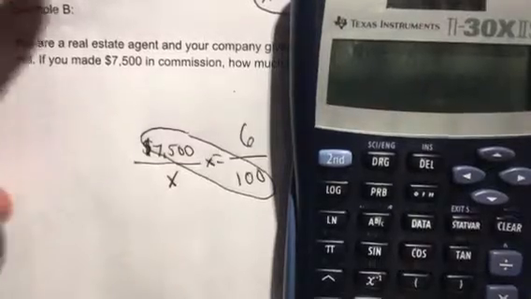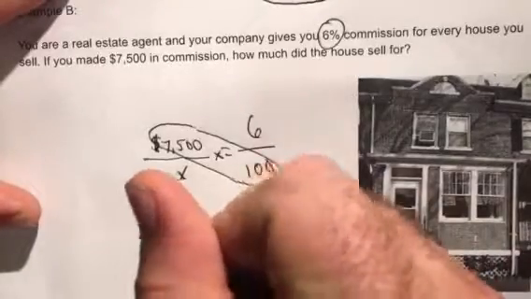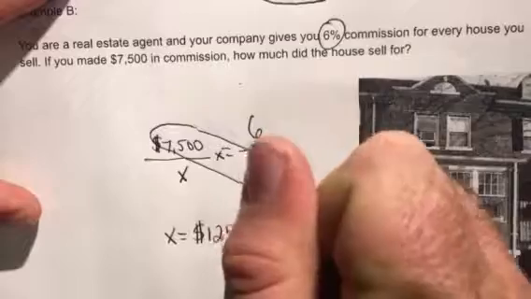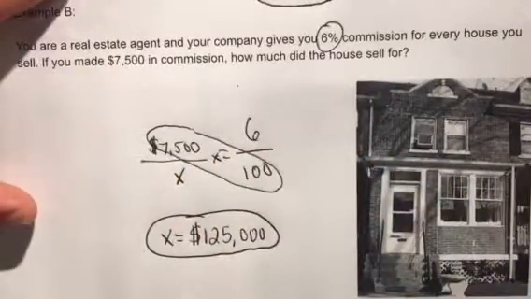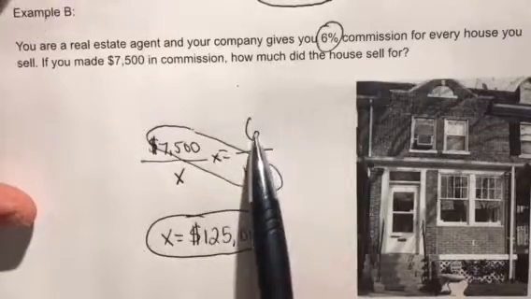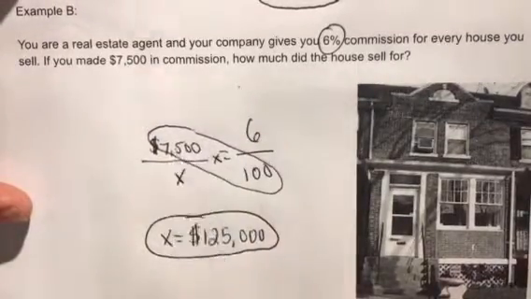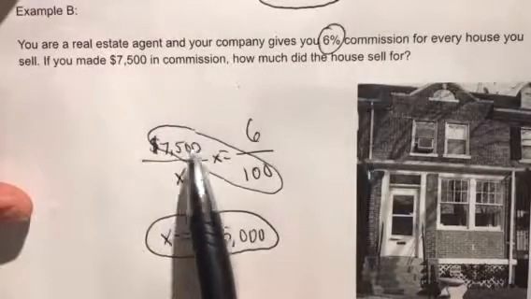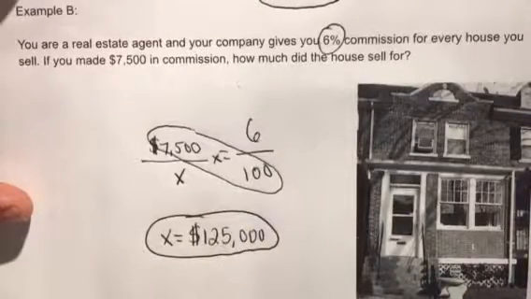And I get $125,000. So x equals $125,000. So that is how much the house sold for. If my realtor, the real estate agent, or me made 6%, meaning I made $7,500 commission at 6%, that means I had to sell the house for $125,000.